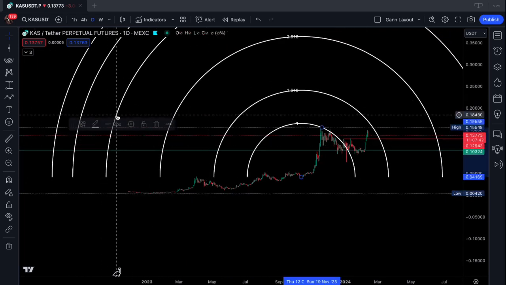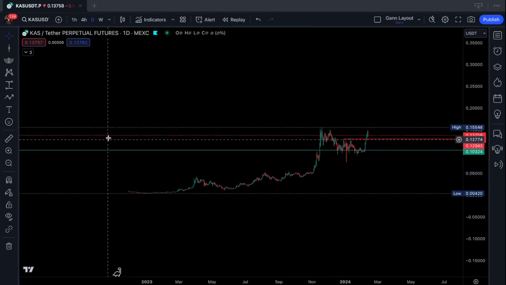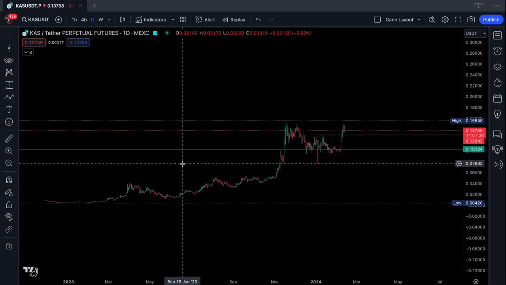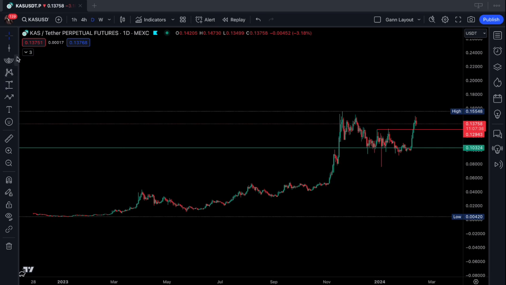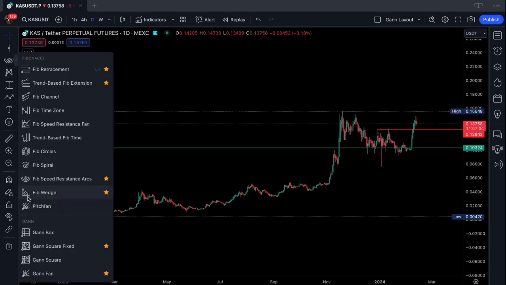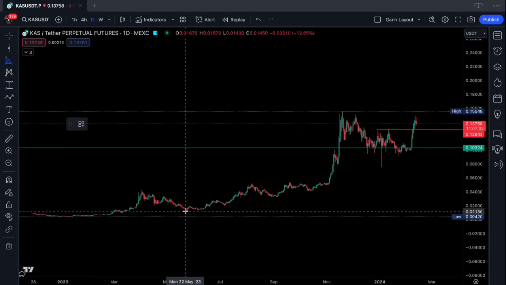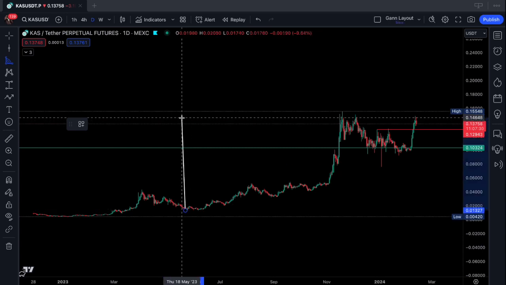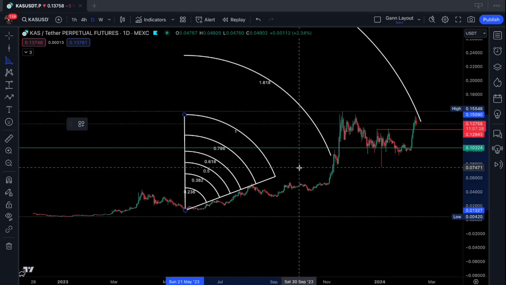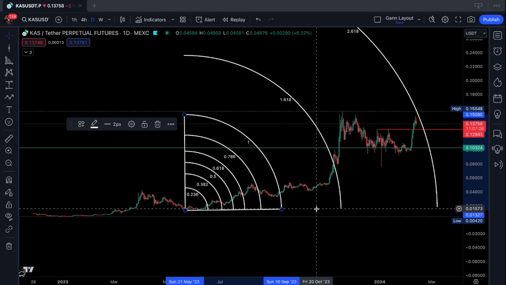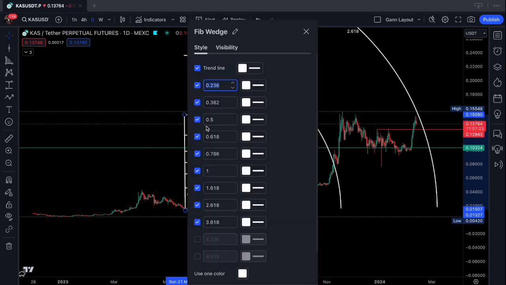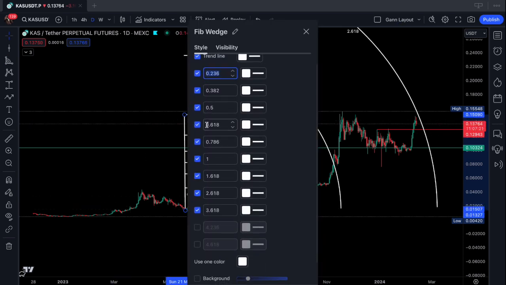Let's discuss these tools. The first tool is the fib speed resistance arcs. I already demonstrated this tool. Second tool is the fib wedge. I will show you how to draw the fib wedge as well, but I just want to show you it's the same with the fib wedge.